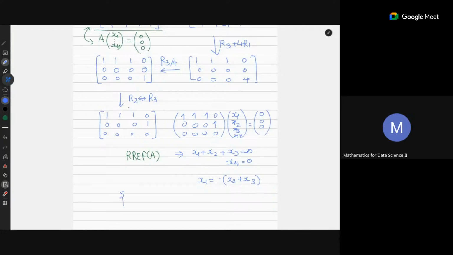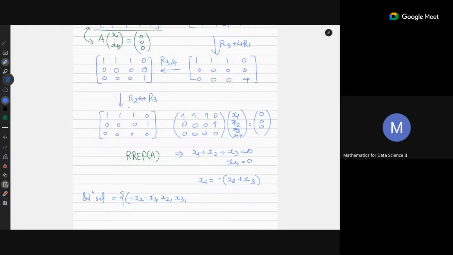Now what is the solution set of this? What is x1? x1 is minus x2 minus x3. x2 is x2, x3 is x3, because they are the independent variables, so we will keep them as they are.